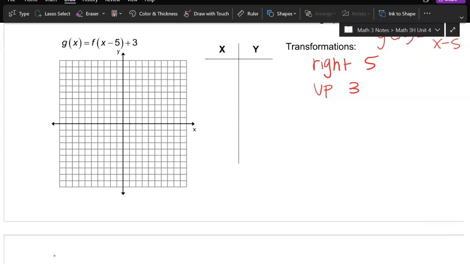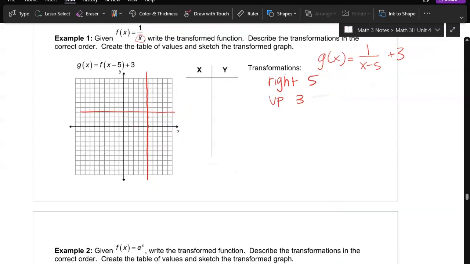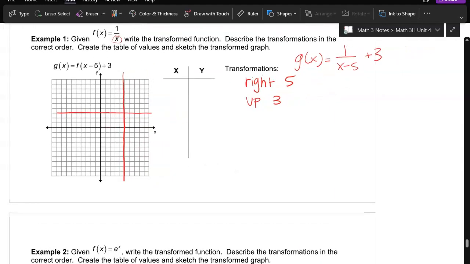So 1, 2, 3, 4, 5. And then 1, 2, 3. So our asymptotes will be here. And remember, they'll be in those sections.